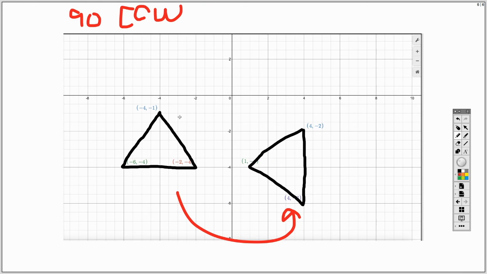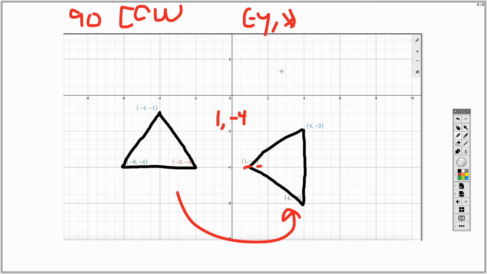So let me see if here my coordinates work. This is our preimage (-4, 1). And if our rule is (-y, x), then let's see that. We have (-4, 1), then that becomes (-1, -4). We can see that happens.